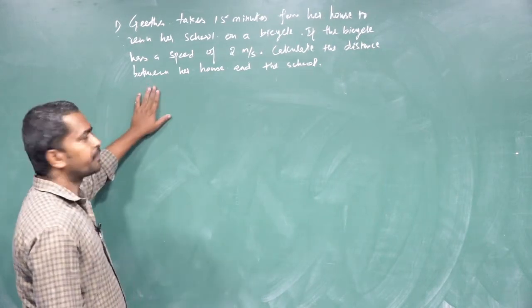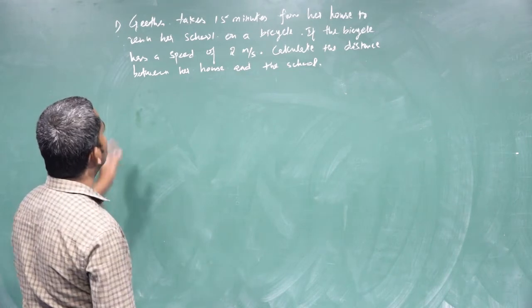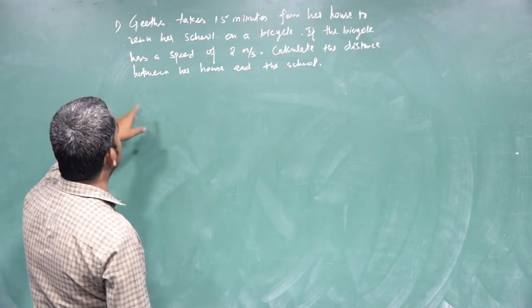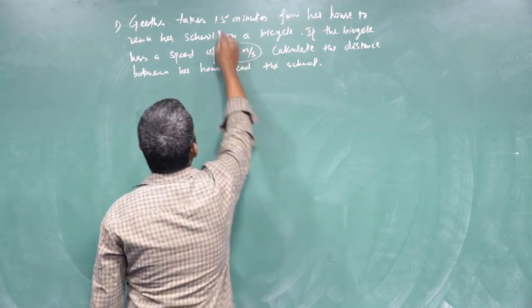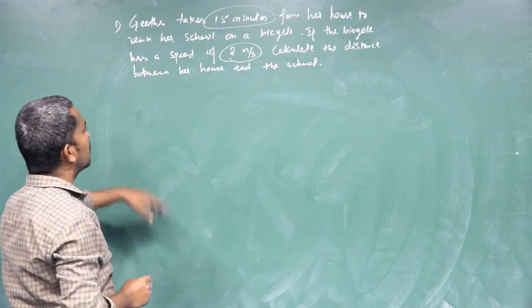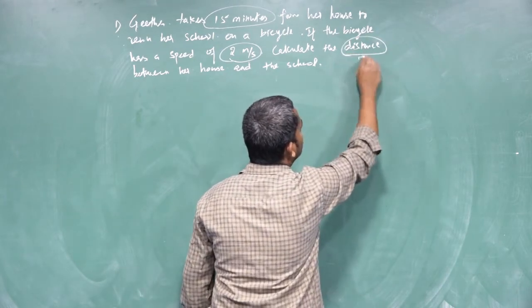So an example: Geeta takes 50 minutes from her house to reach her school on a bicycle. If the bicycle has a speed of 2 meters per second, and time is 15 minutes, calculate the distance between the house and school. This is very important. The measurement is distance.